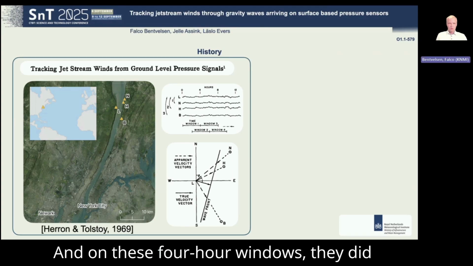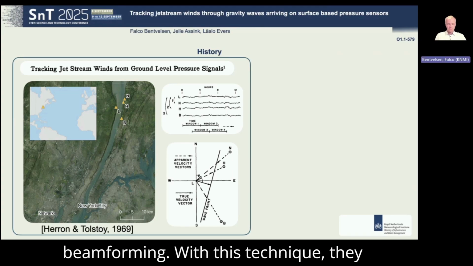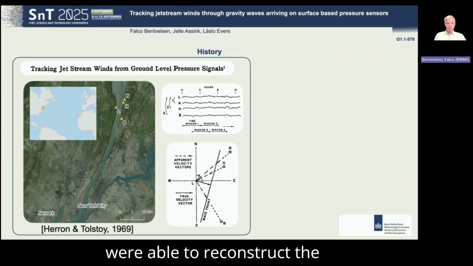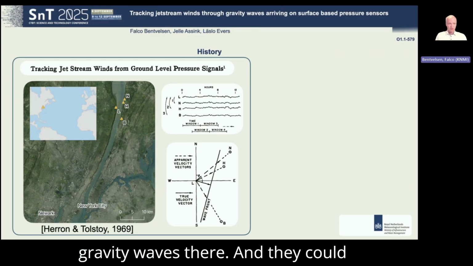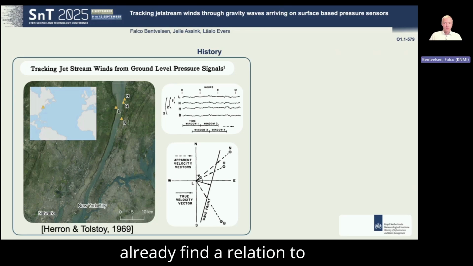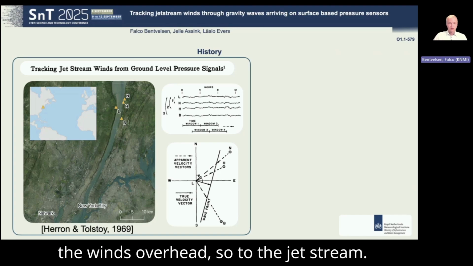And on these 4-hour windows, they did beamforming. And with this technique, they were able to reconstruct the directions of arrival and the apparent velocity of the overpassing gravity waves there. And they could already find the relation to the winds overhead, so to the jet stream.